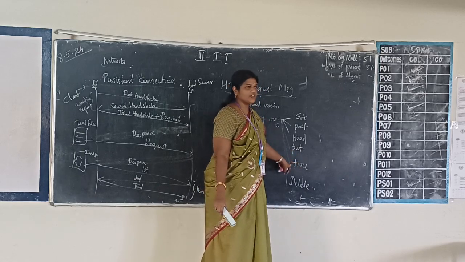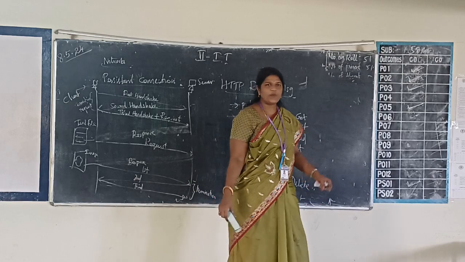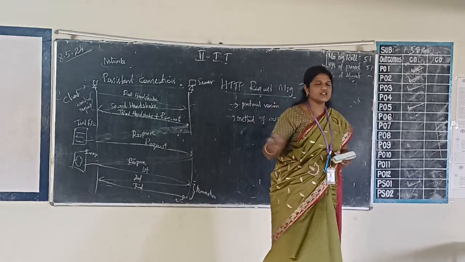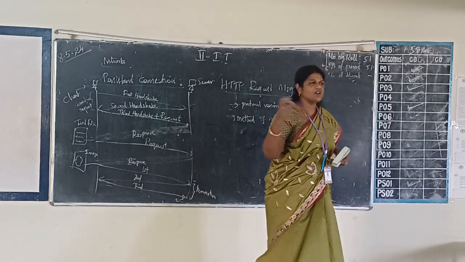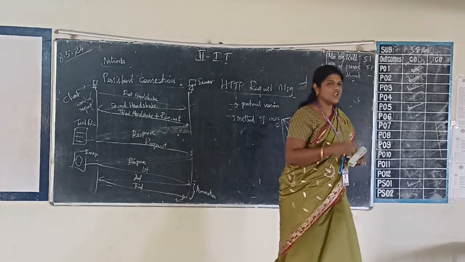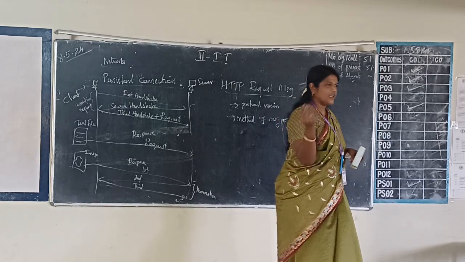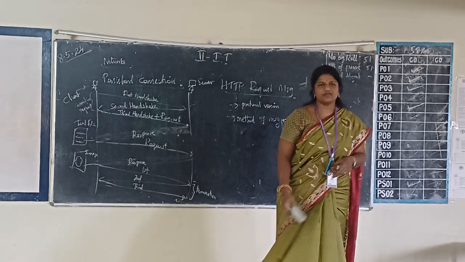Okay, and the trace method. So what is this trace method? Suppose a client sends a request and is not sure whether it is received at the server. To make sure that the server received the correct request message, the client has the possibility to get back the request message that was received at the server side.